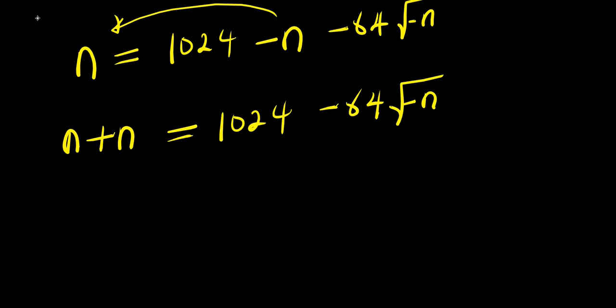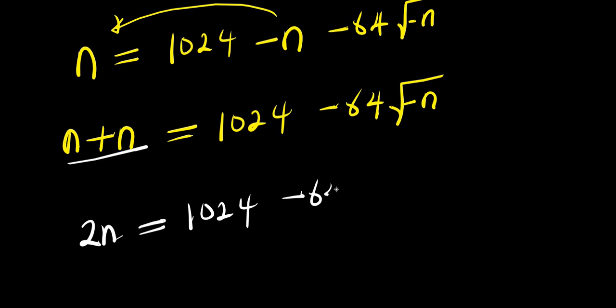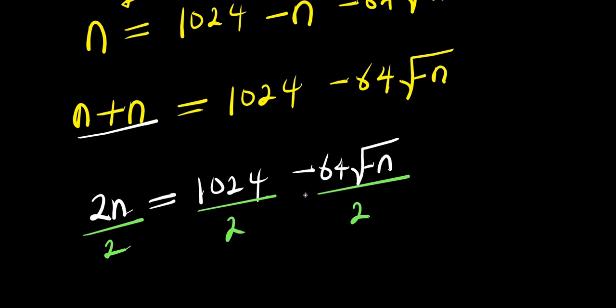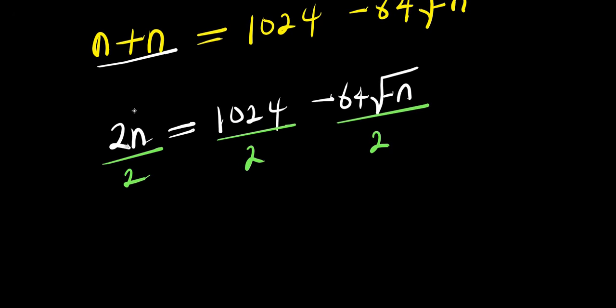So from here, n plus n is 2n equals 1024 minus 64 times the root of negative n. I can divide each of these by 2. I divide this by 2, this by 2, and this by 2. So to cancel the 2, I have n equals 1024 divided by 2.